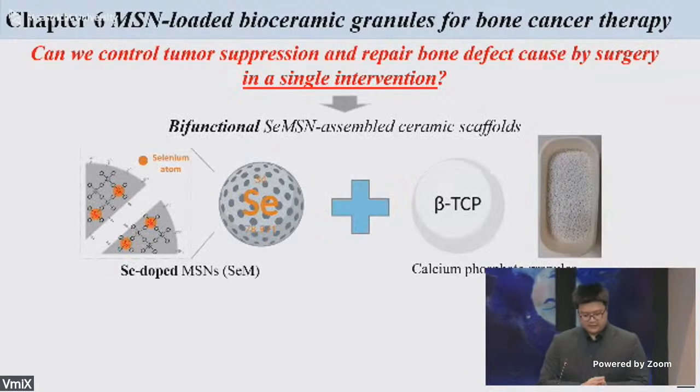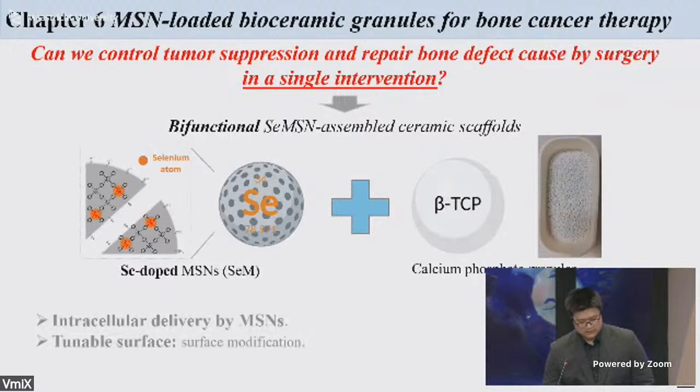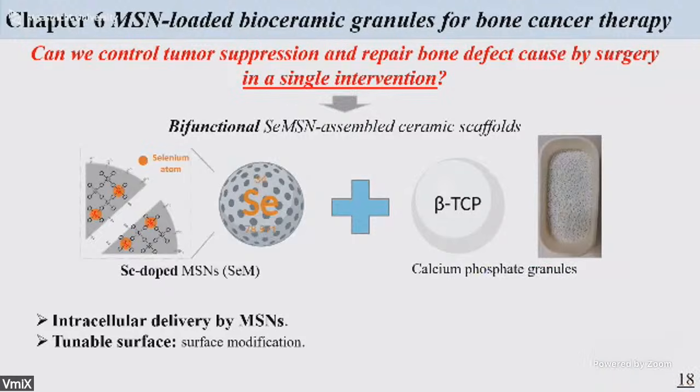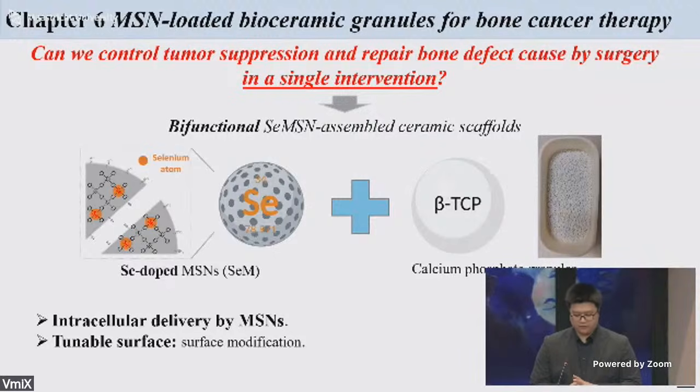We hypothesized that bifunctional nanoparticle-loaded ceramics are promising candidates because, first, the selenium-doped MSN system developed in the previous chapter can regulate effective selenium intracellular delivery to overcome accumulated toxicity in extracellular environments. Besides, the tunable surface of MSN allowed multiple modifications for binding on the scaffold and the release.